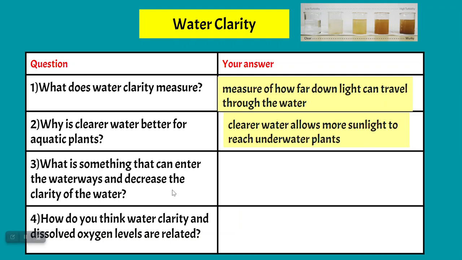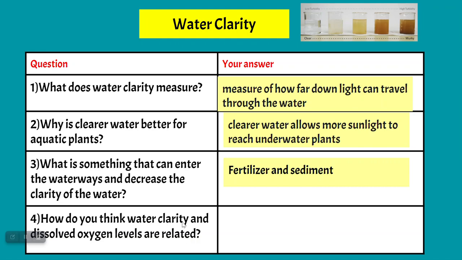Well, one of the things that you read about, hopefully, or maybe even thought about when you were doing your Gizmos, is if we have activities that increase the amount of sediment that runs into the water, it's going to make the water less clear. Also, fertilizers that humans are using for lawns and things, they're going to have an effect on the clarity of the water too. How do you think water clarity and dissolved oxygen levels are related? So think about that.